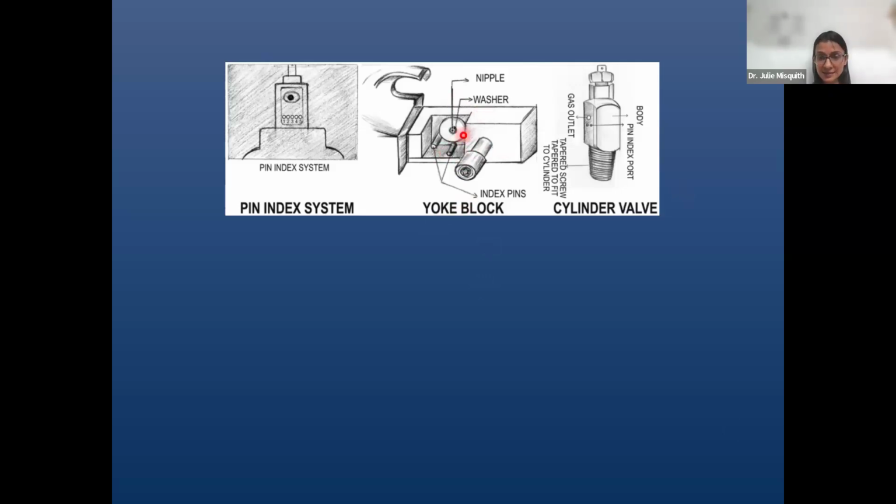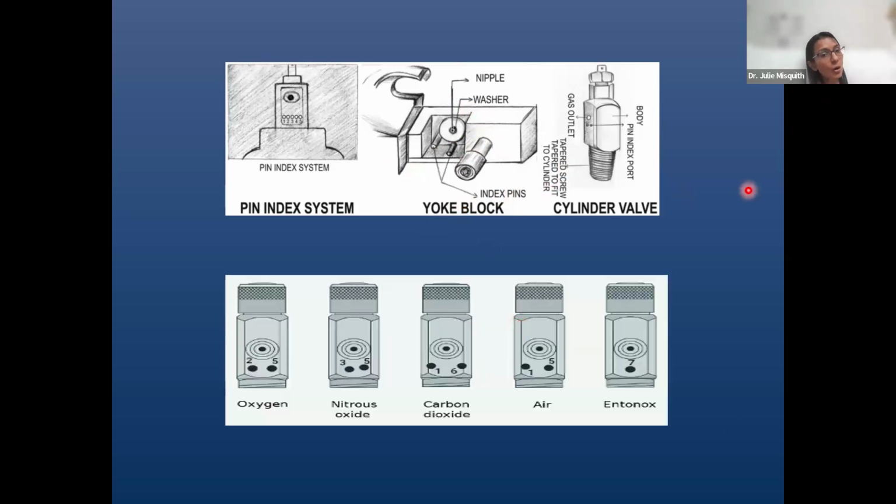The pin index cylinders require a seal between the valve outlet and the yoke, and the seal is called the Bodok washer. However, this system can be overridden if 2 washers are used. So this pin index safety system may not be a 100% foolproof safety feature. However, all cylinders have this pin index mechanism that is used.